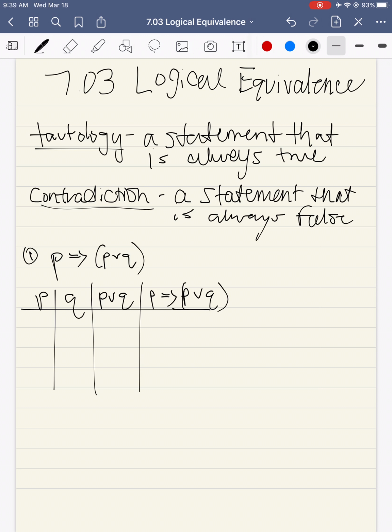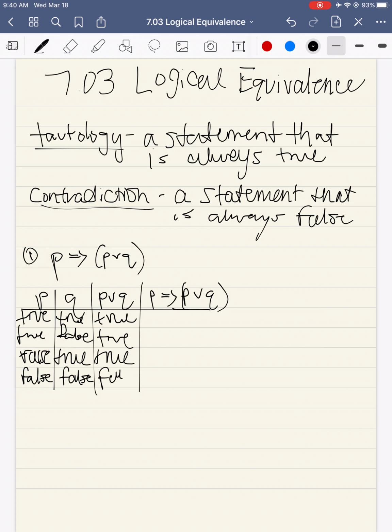So again, since we have two statements here, our first one's true, true, false, false, and then true, false, true, false. So our P or Q, that is true when at least one of them is true. So we have true, true, true, false.